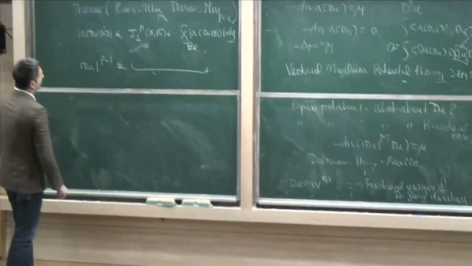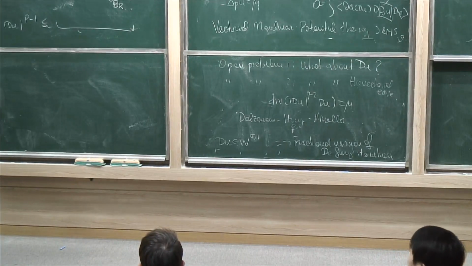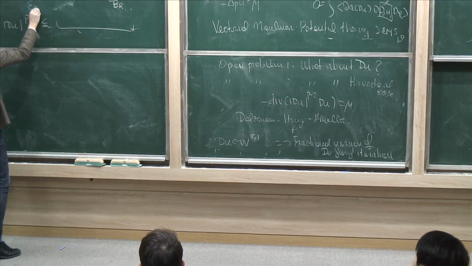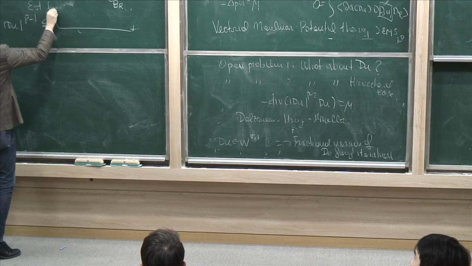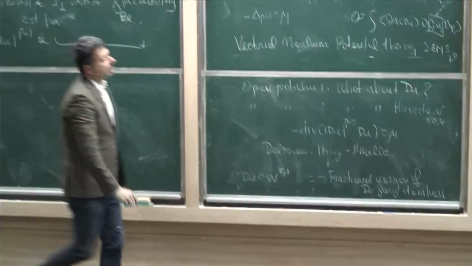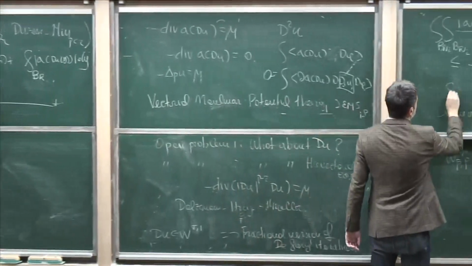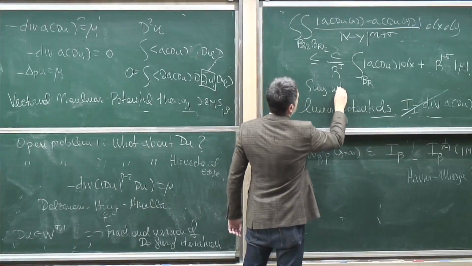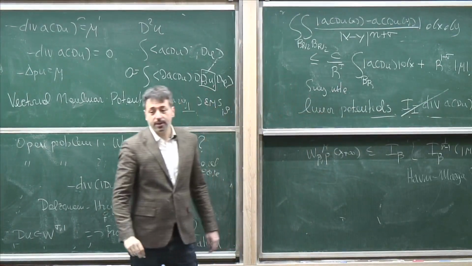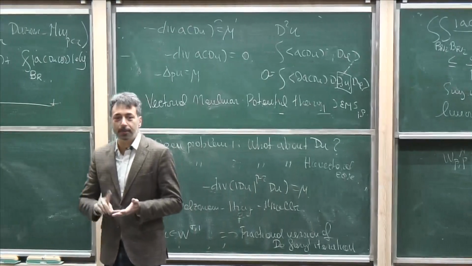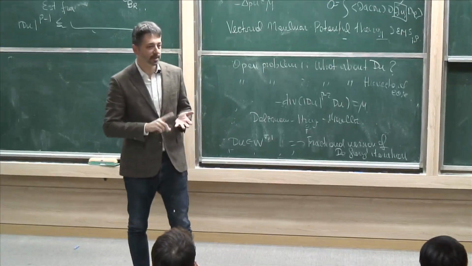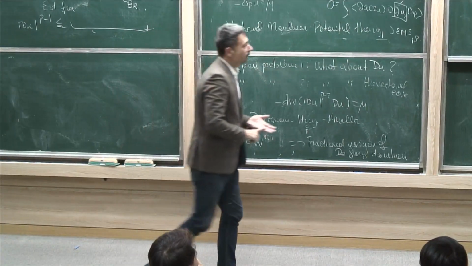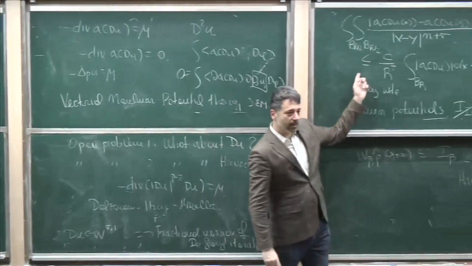So let me point out a similarity between this estimate, let's say the fractional integral, and this estimate, the singular integral. What is the similarity between these two estimates? Question: do you see p, the exponent p, appearing in the statement? The exponent p is not appearing.